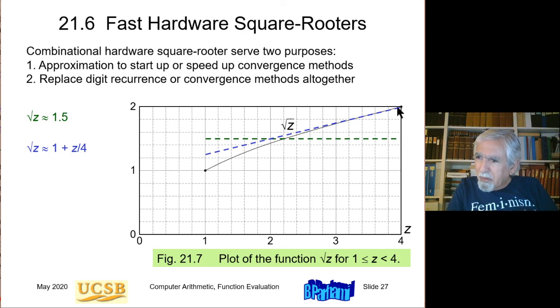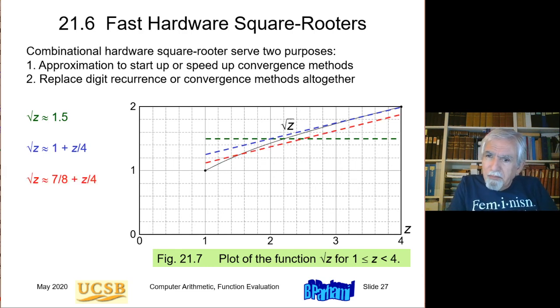It has no error at the upper end, and the error is pretty small, 1/4, 0.25 at the lower end. It's 2 to the minus 2. If you use this approximation, you avoid one of the iterations because you start with 2 to the minus 2 instead of 2 to the minus 1.